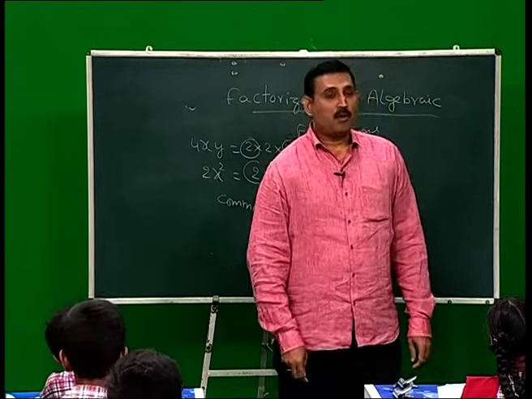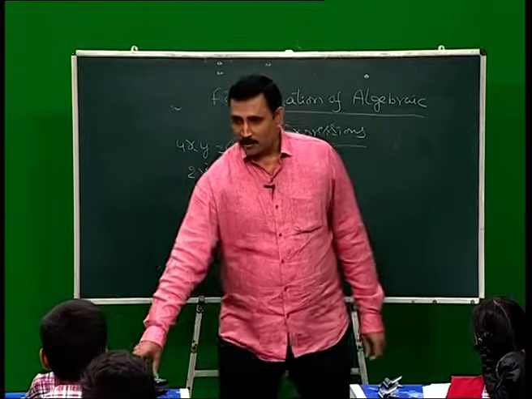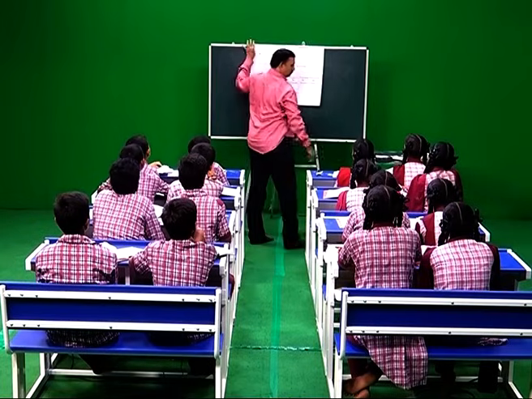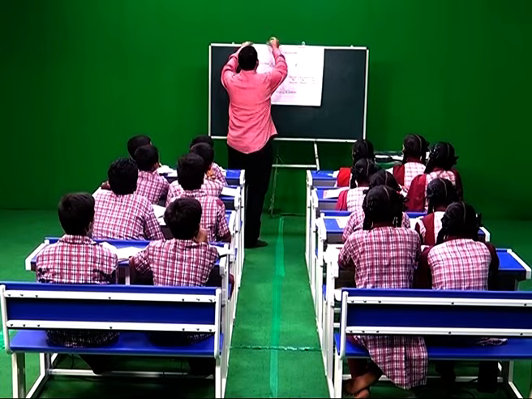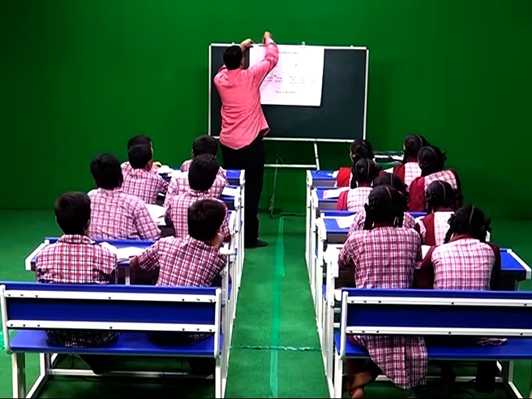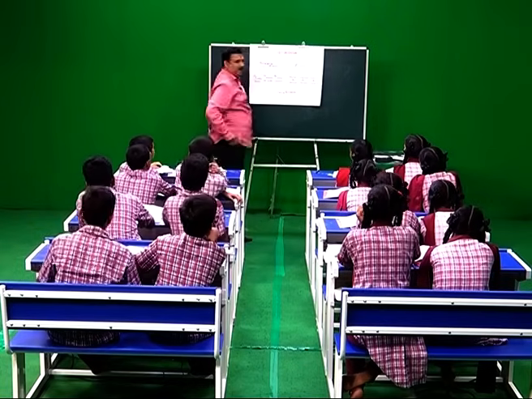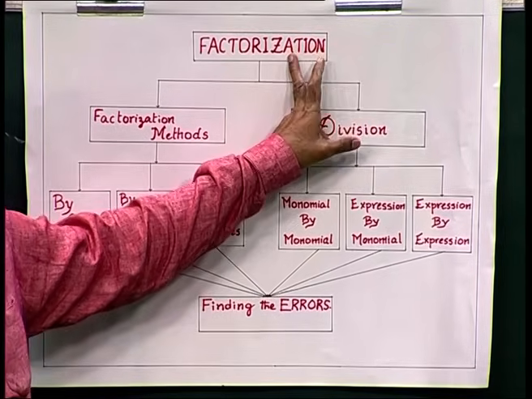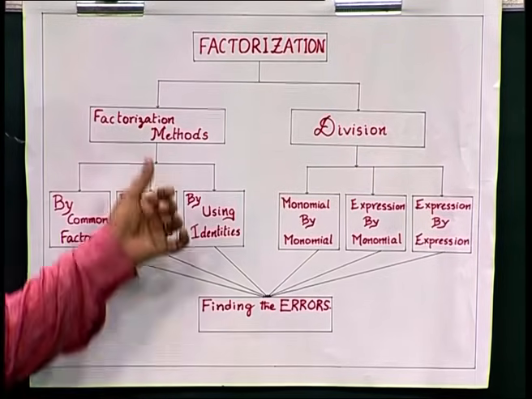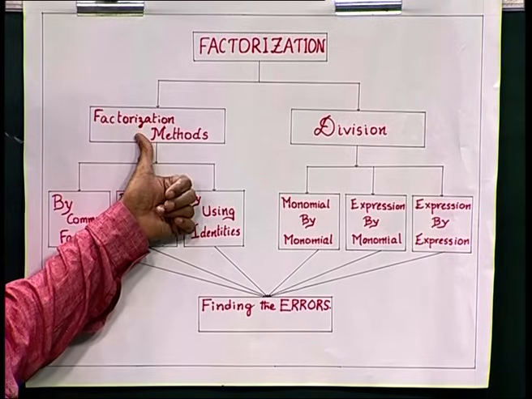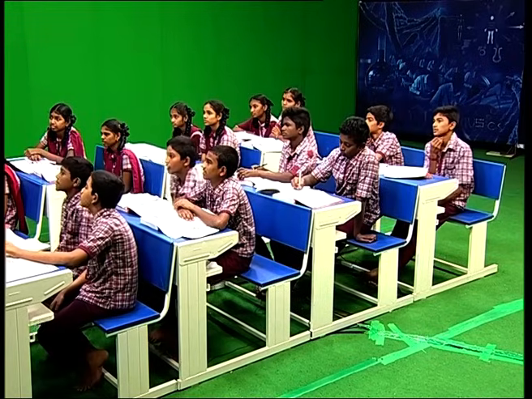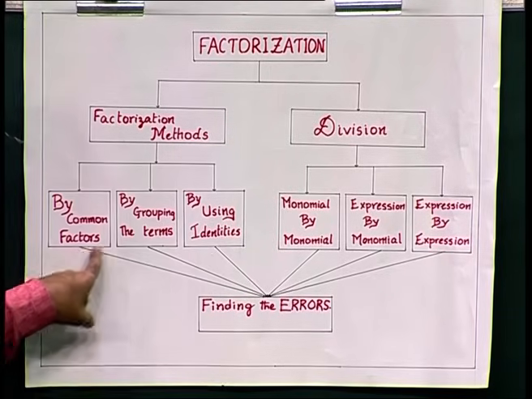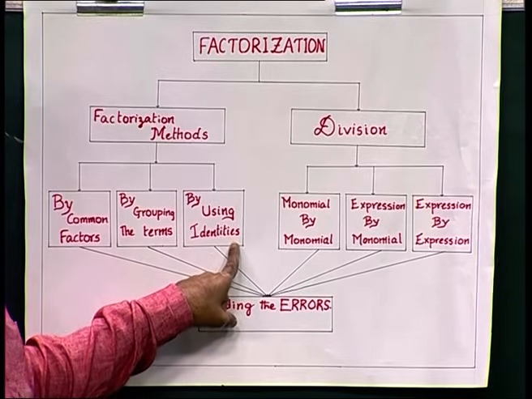Right? Now in this chapter, what we are going to learn precisely, I will tell you. In the chapter Factorization of Algebraic Expressions, we come across two different concepts. One is factorization methods, and the other is division. In factorization methods, we have three different methods: by common factors, by grouping the terms, by using identities.